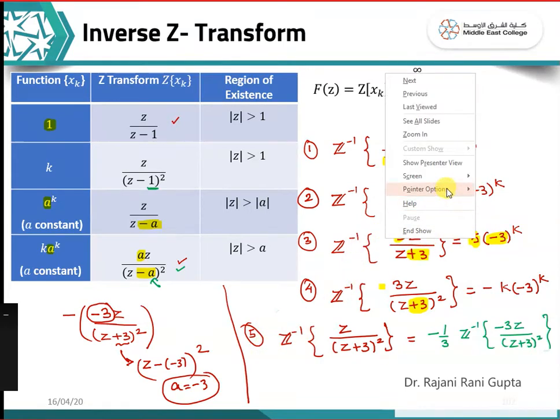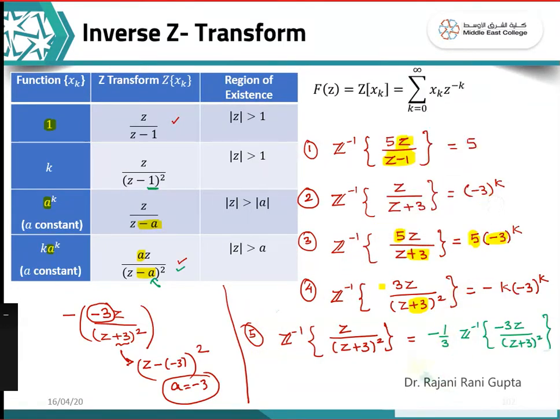Okay, and then just give your answer, minus 1 over 3, and this term becomes k a is minus 3 to the power k. So see, it's not difficult. The only thing is we are modifying our question in such a way that we are able to make use of one of these rules.